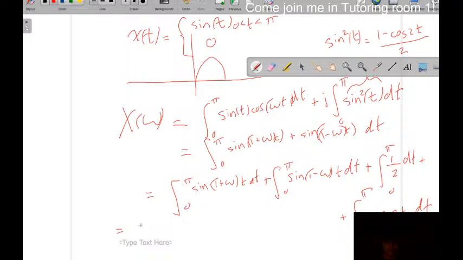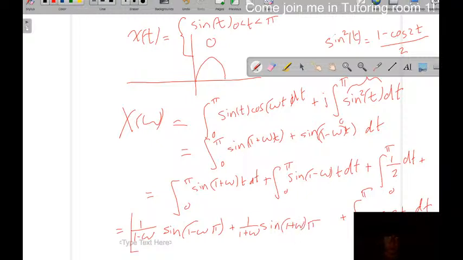So 1 over (1 minus omega) times sine of (1 minus omega) pi, plus 1 over (1 plus omega) times sine of (1 plus omega) pi.